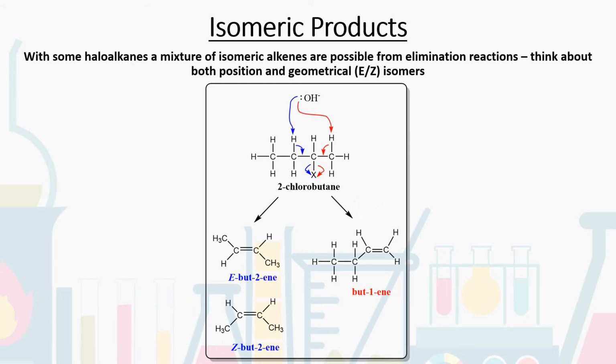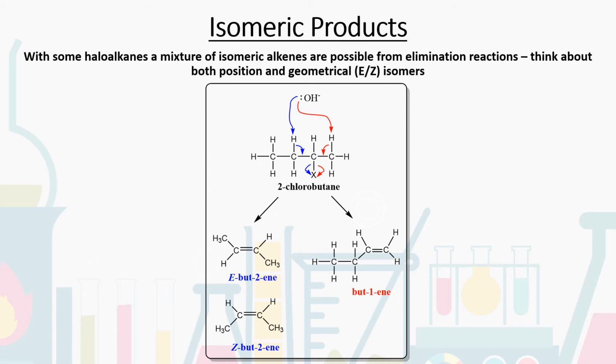The last thing to say with this is that it's possible to get isomeric products. If we have an unsymmetrical haloalkane, where our C-X isn't directly in the middle or at the end, we can end up with isomeric alkenes forming from the elimination reaction. In this example of 2-chlorobutane, remember that we take hydrogen atoms from adjacent carbons.